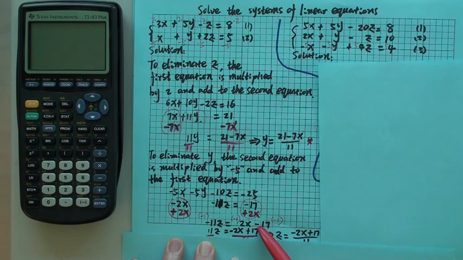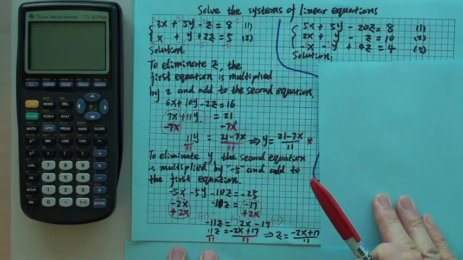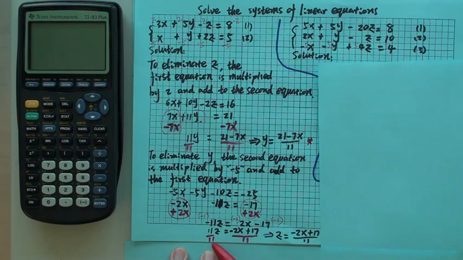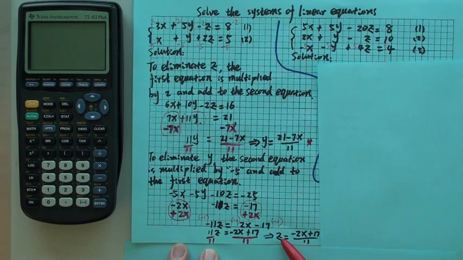Negative 1 times negative 17 is positive 17. Then we divide both sides by 11, and the 11s cancel each other. So we have z on the left, and the right-hand side is negative 2x plus 17 divided by 11.